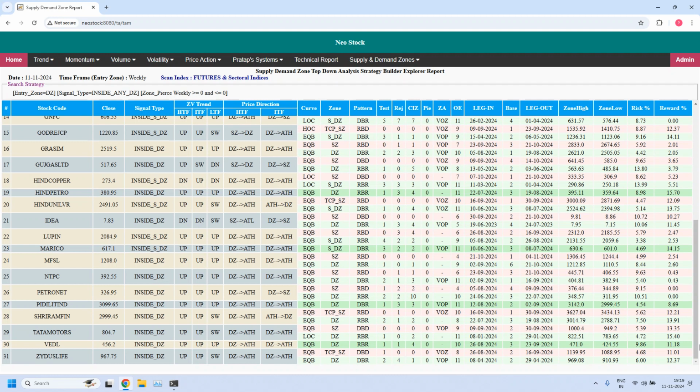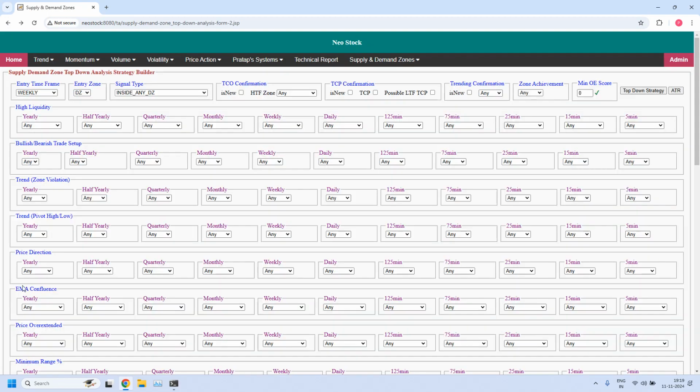And high probability setup zones, let's find based on EMA Confluence. If any of these weekly supply zones are having weekly EMA Confluence. So weekly time frame, weekly supply zone with weekly EMA Confluence. But trend should not be sideways. So in the trend, zone violation trend, weekly time frame, I am setting the trend as up or down.